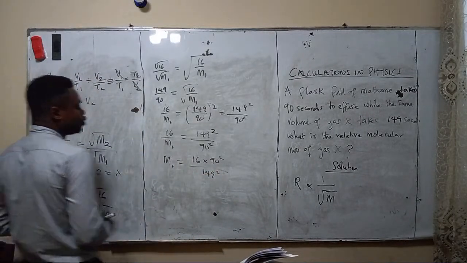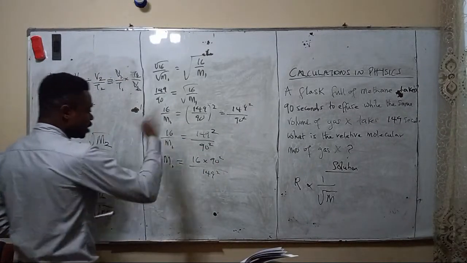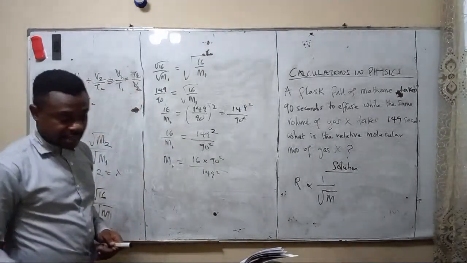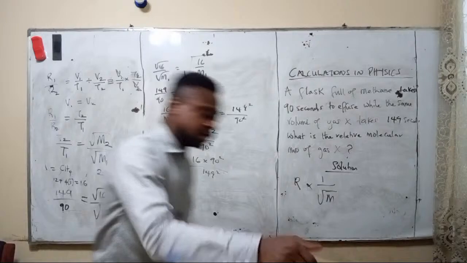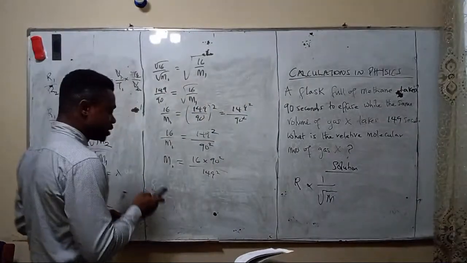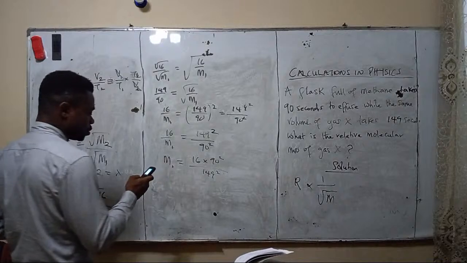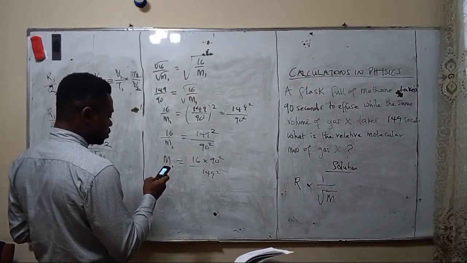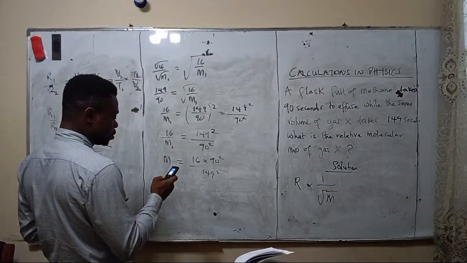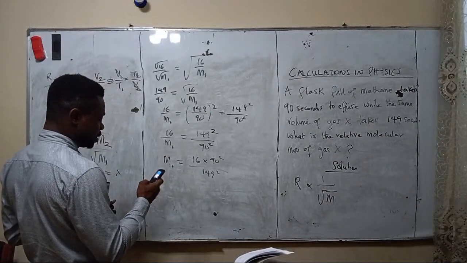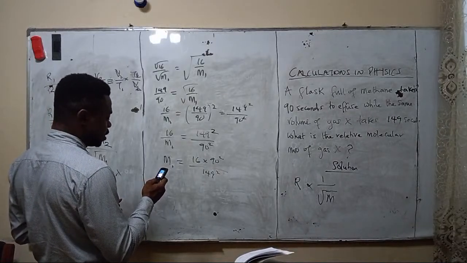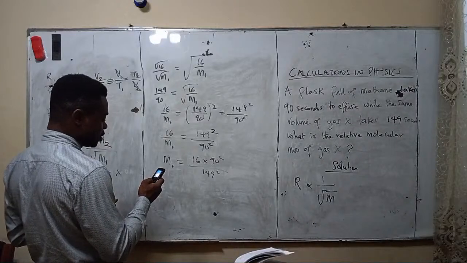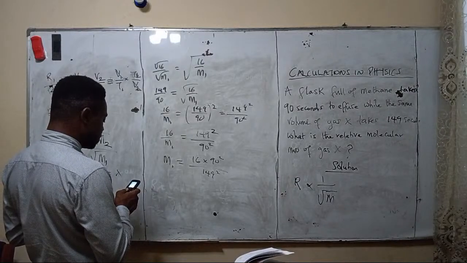So anything we are going to do here now is we simply multiply and cancel and get the answer. So M1 is now equal to 16 times 90 times 90 divided by 149 divided by 149. 5.84.